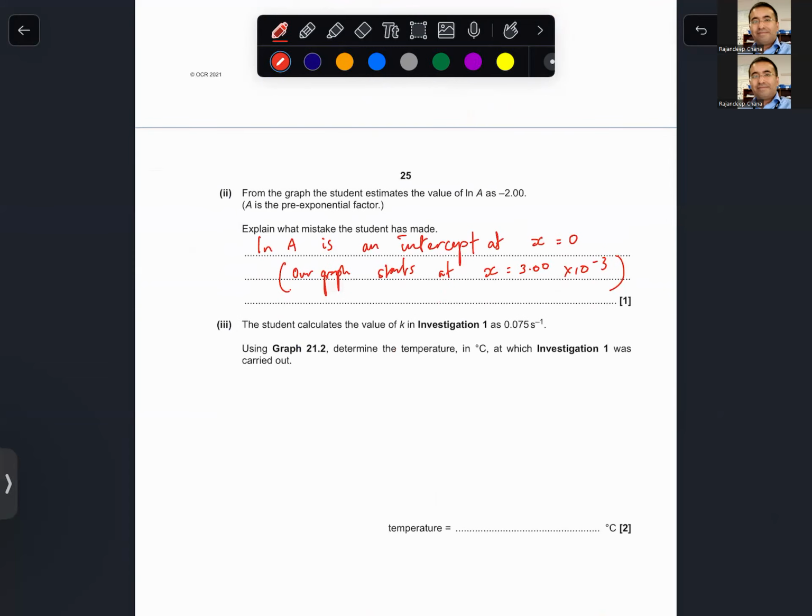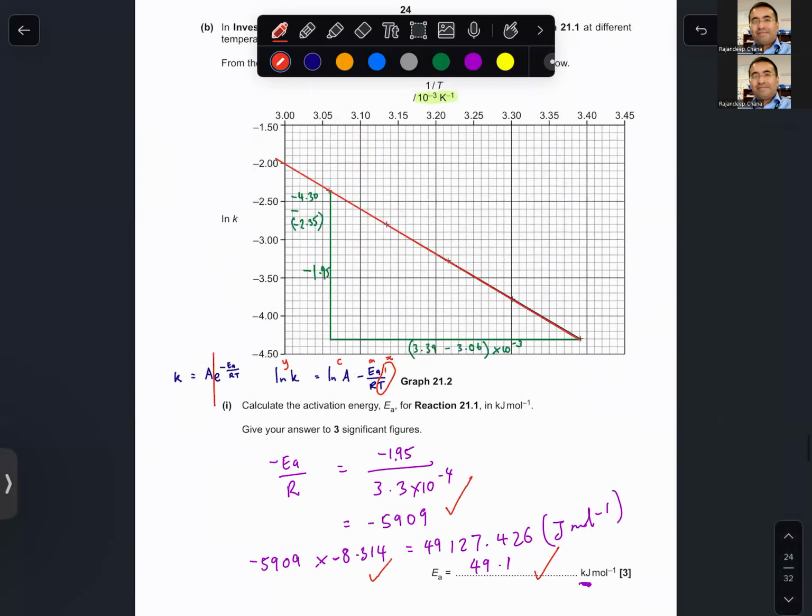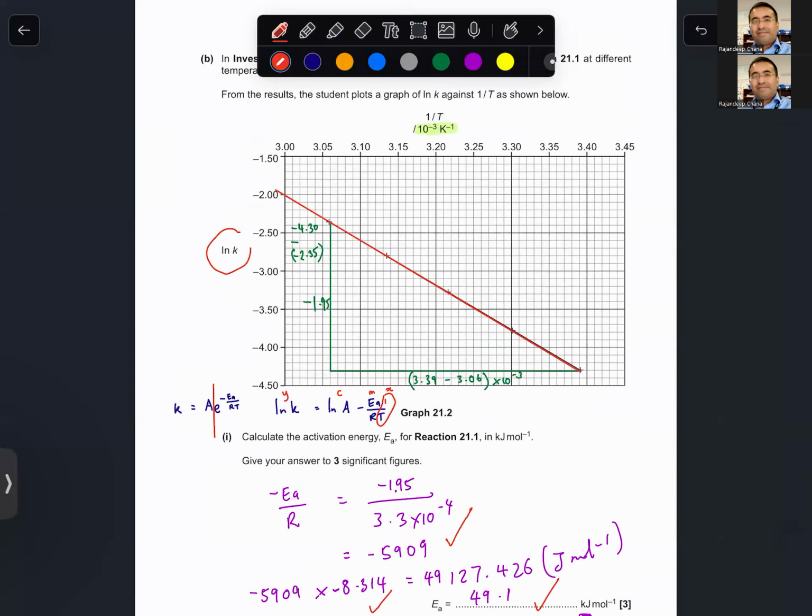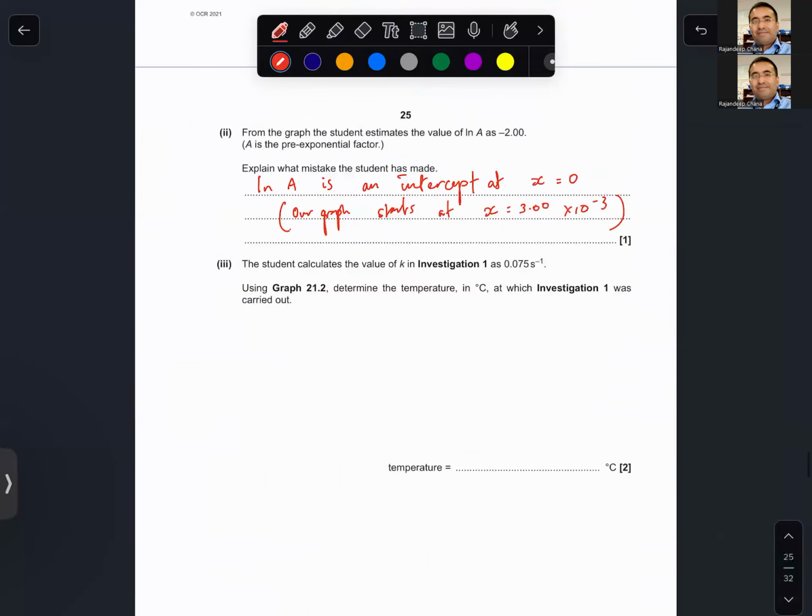I think this is the last part. The student calculates the value of k in an investigation using graph 21.2. Determine the temperature at which investigation 1 was carried out. You see, our graph, the y-axis is natural log of k. So what we do, we've been given the k value, which is here, and so we take the natural log of that.